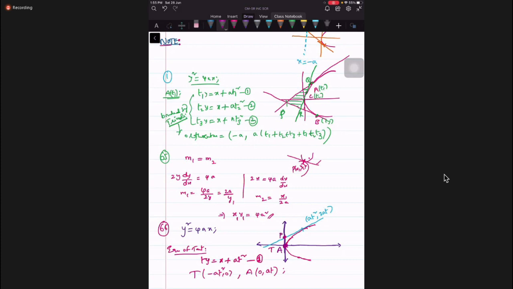The vertex of this parabola is A, and where the tangent meets the tangent at vertex is P. Then, to complete the rectangle, Q comes somewhere here. So this is the diagram.